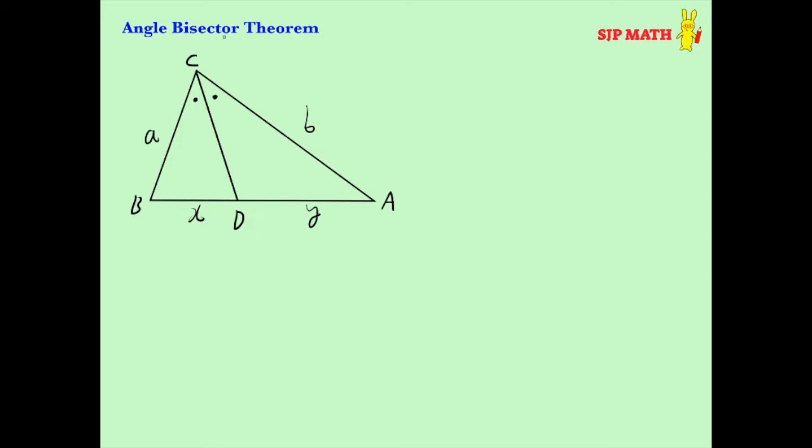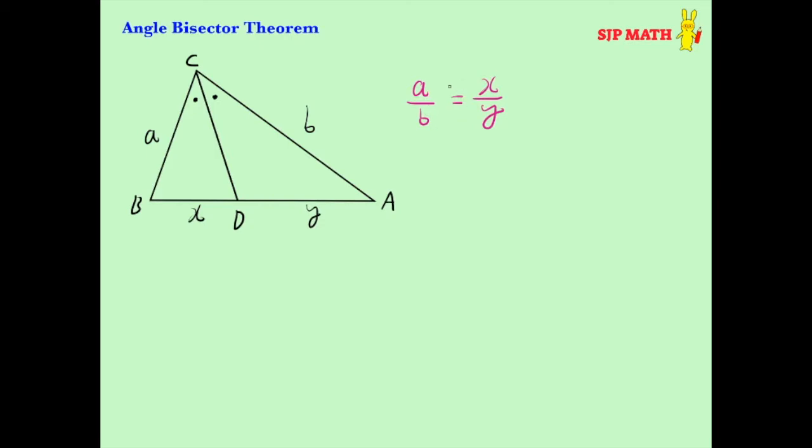Then the angle bisector theorem states that, let's put that in pink to emphasize it, the ratio of a to b is equal to the ratio of x to y. And that is the angle bisector theorem.